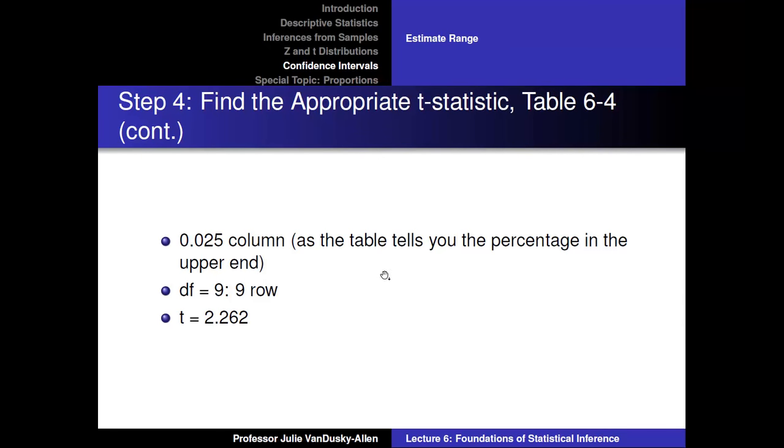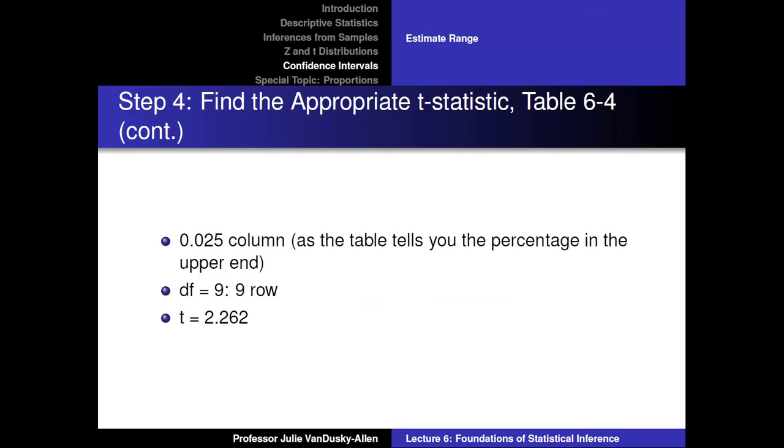So we will use the 0.025 column and the 9 row. The t-value that corresponds to the 0.025 column and 9 row is 2.262.